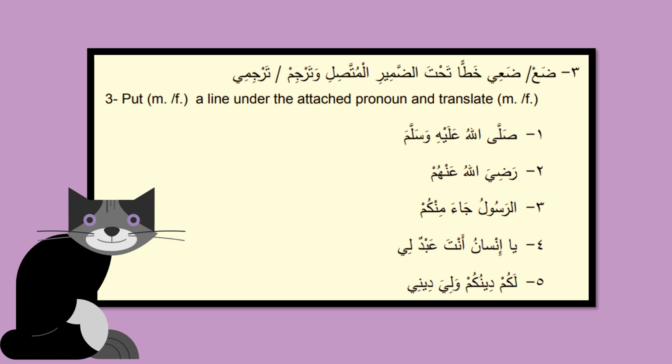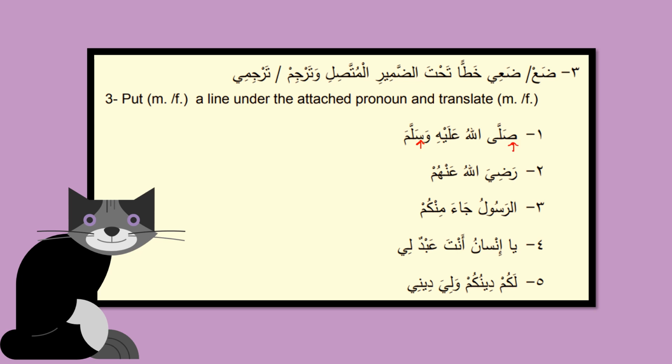So now in this question, you need to put an underline. Da'a al-khat tahta damir muttasil wa tarjim, which means to translate. So let's see, first of all is sallallahu alayhi wasallam. So you need to check here. Salla is something different with the sad, and sallam with the seen is something different, a different meaning. Both have a different meaning.